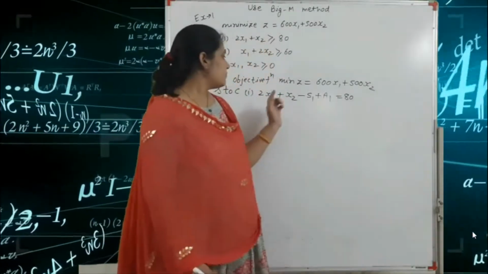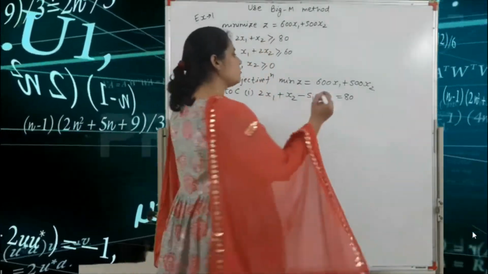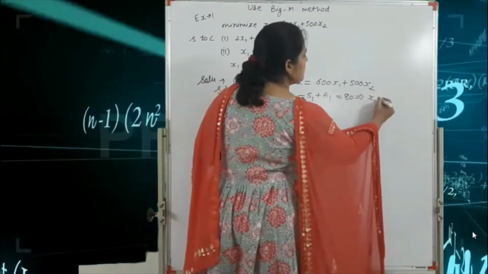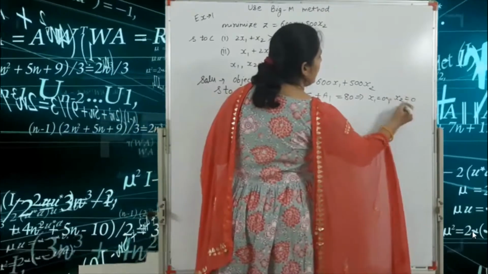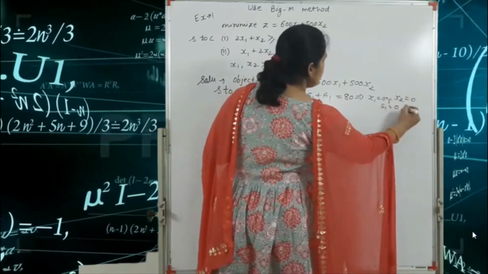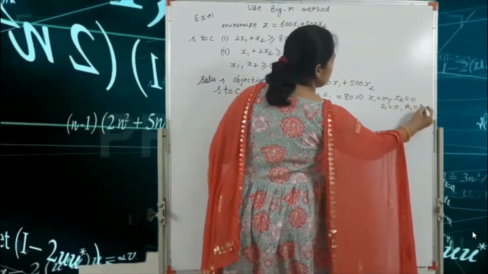So here we put x1 = 0, x2 = 0 and s1 = 0. So we get a1 = 80.